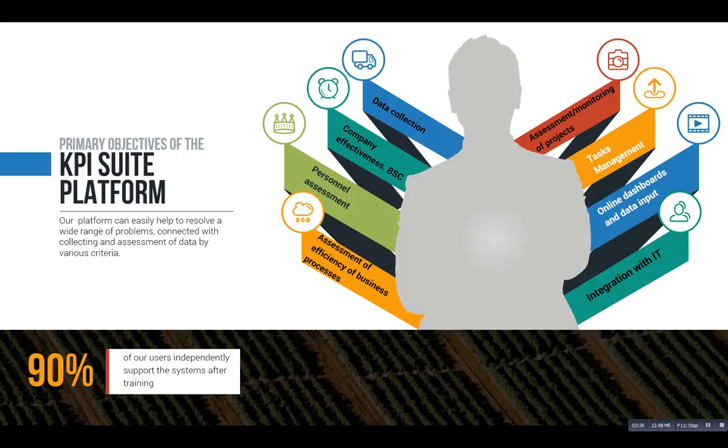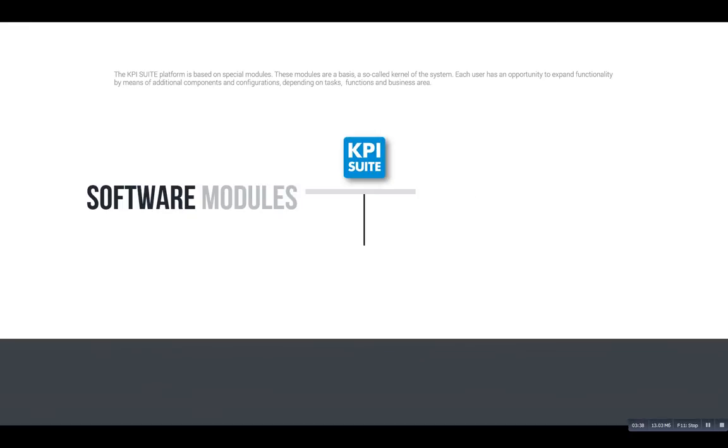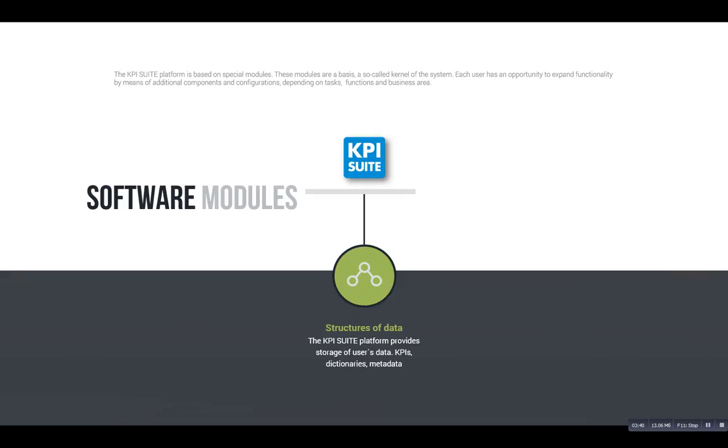So what modules do we have inside? Structure of the data: small databases, visual forming databases, kept inside. You can keep thousands or tens of thousands of items, depending on what type of analysis you are doing. For companies with a big number of people, you can easily manage 10,000 structures.